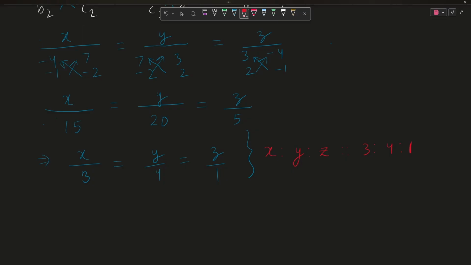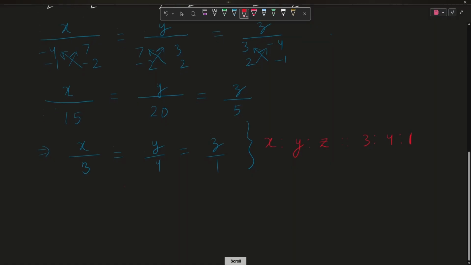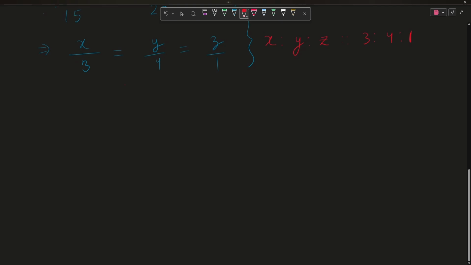Now if I assume x upon 3, y upon 4 and z upon 1 to be equal to some constant k, then I can say x upon 3 is equal to k, y upon 4 is equal to k, and z upon 1 is equal to k.